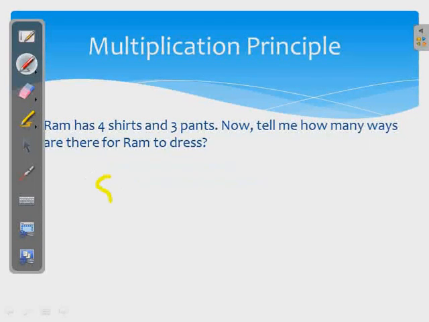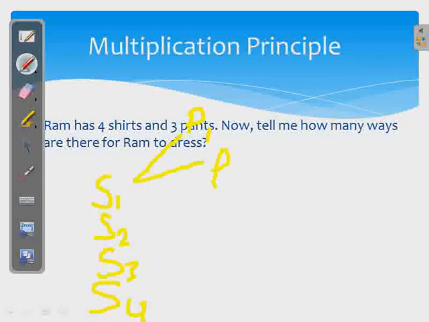So he has 4 shirts. Shirt 1, shirt 2, shirt 3, and shirt 4. With every shirt he can choose any one of the 3 pants. So you can choose pant 1 or pant 2 or pant 3. Okay. So with shirt 2 also you can choose any one of the 3 pants.